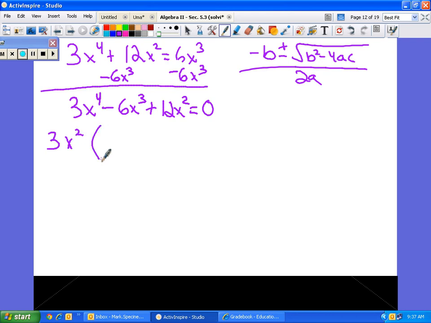So what do we get? We're going to divide. So 3 divided by 3 is 1. X to the fourth divided by x squared. What is x to the fourth divided by x squared? X to the second.